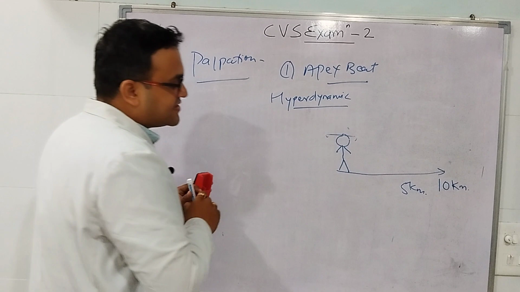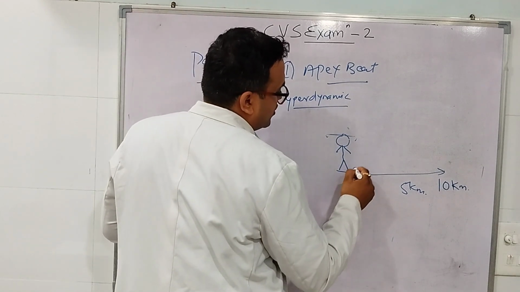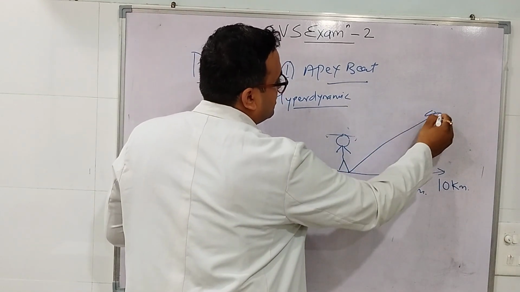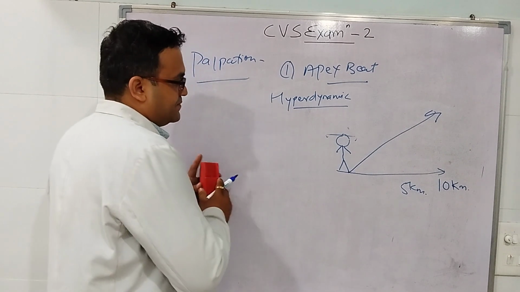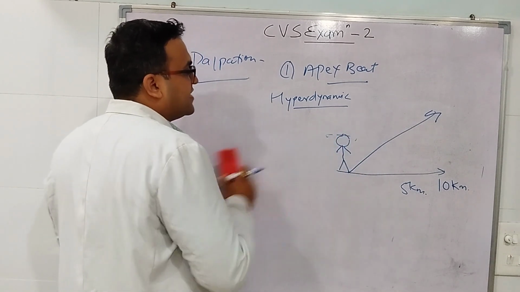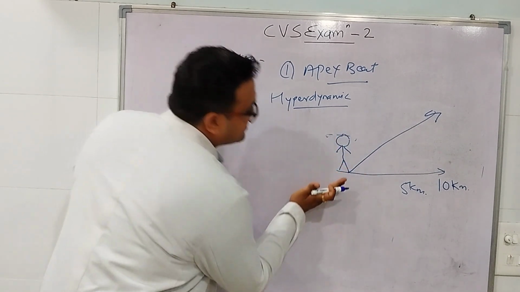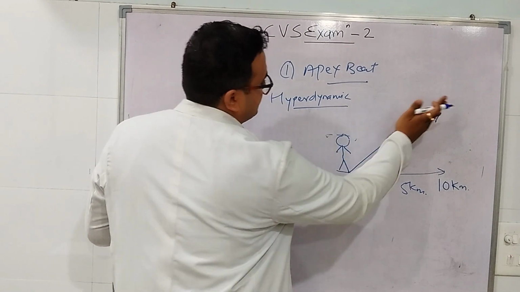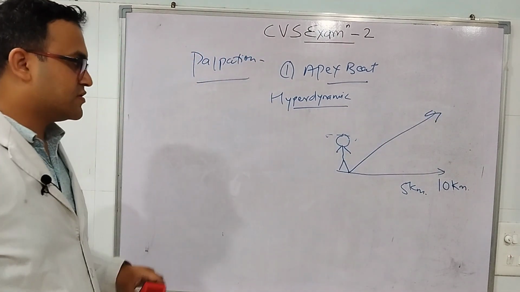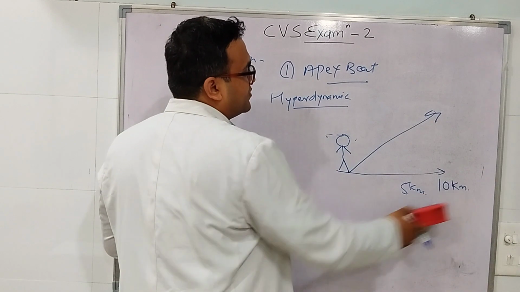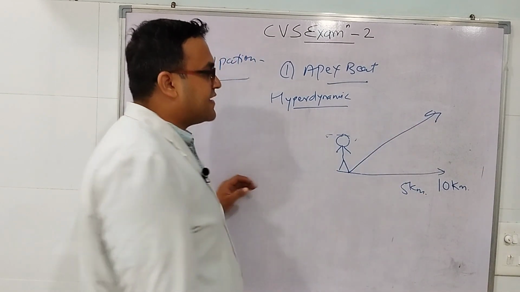And if we ask this person to walk uphill, this is the systolic load, the resistance against which he has to walk. Again he will not be able to walk 10 kilometers, he will be able to walk say 5 kilometers.